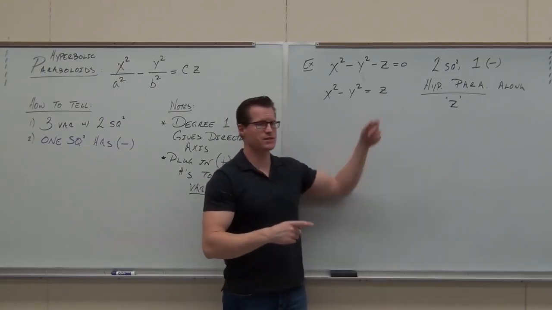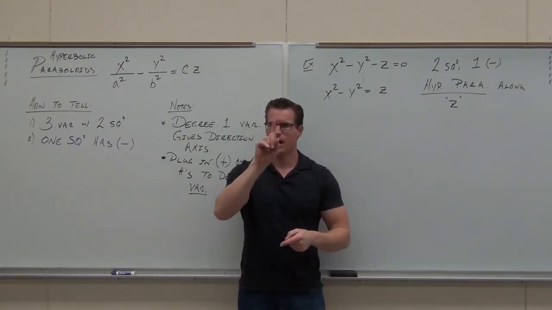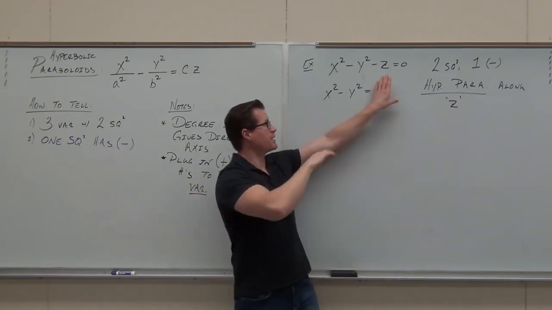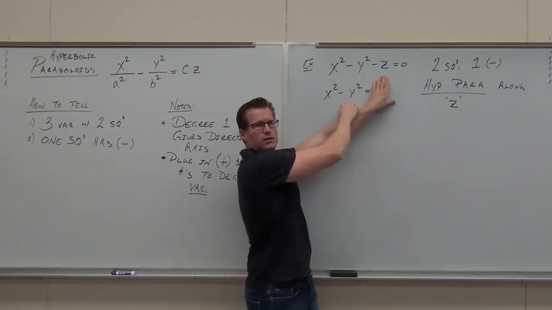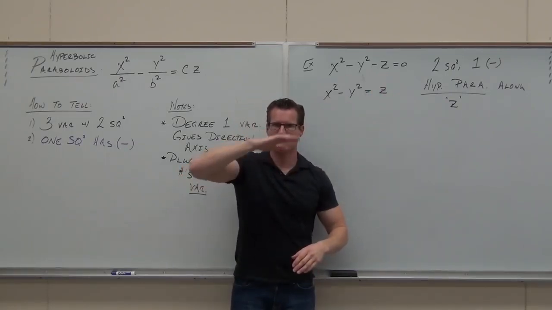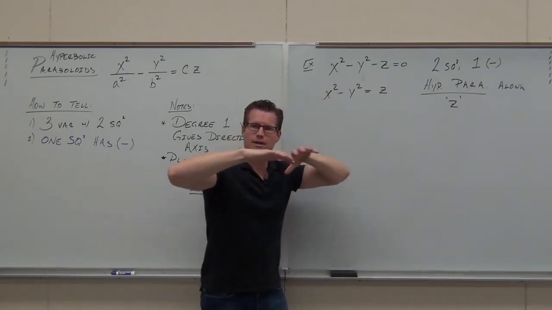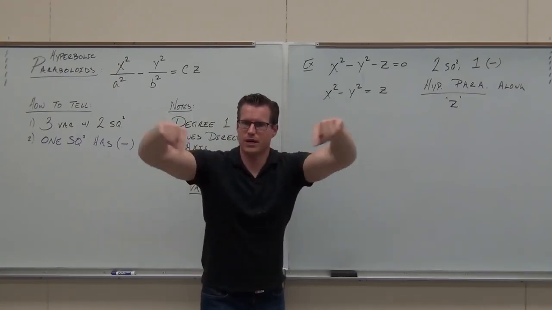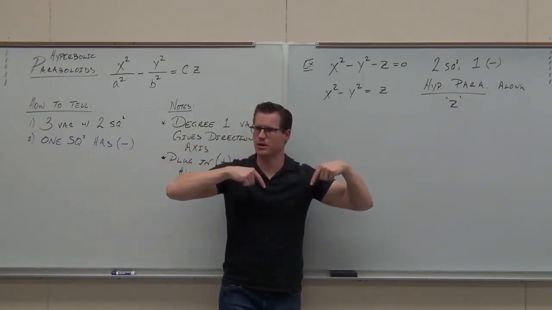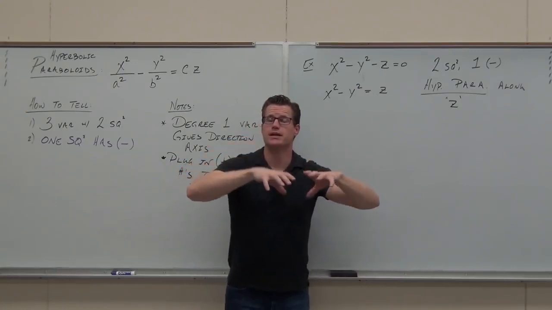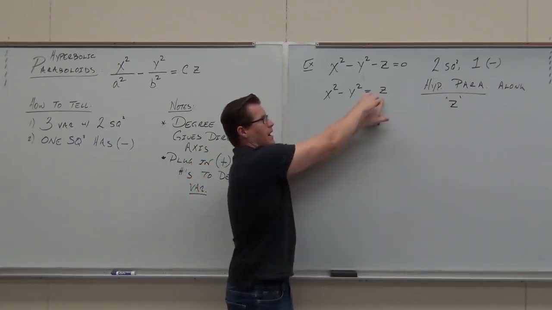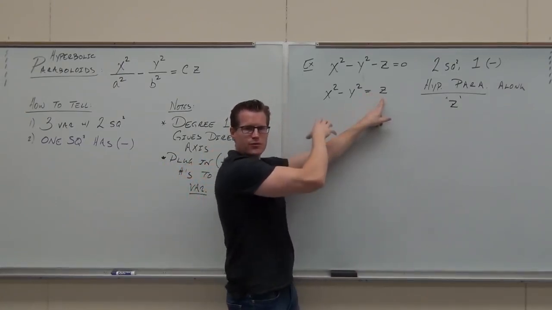If I plug in positive Z's, positive numbers up here, I'm going to get hyperbolas that are parallel to the XY plane. Do you see what I'm talking about? They're going to stack, but they're going to be traveling along the x-axis, this way and back this way. As soon as I plug in negative Z, I have to divide by a negative to get that standard form for hyperbolas.